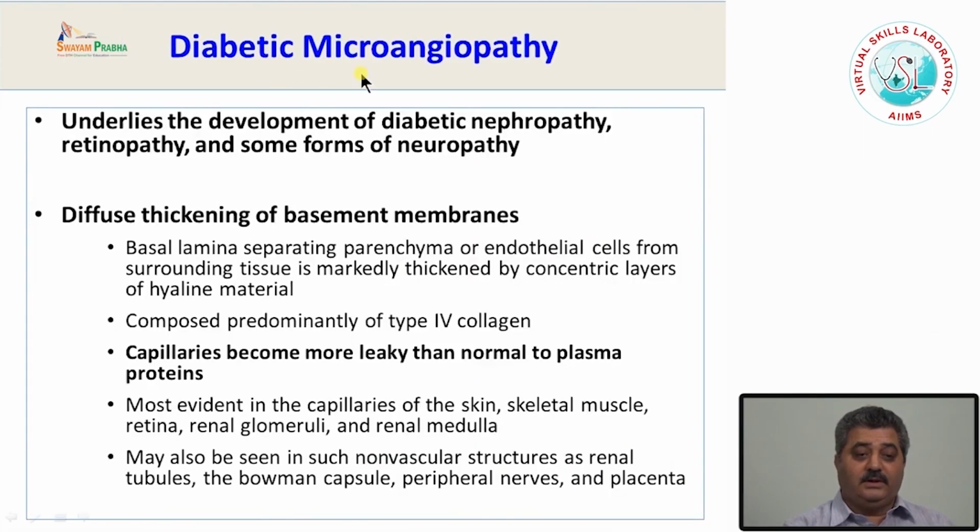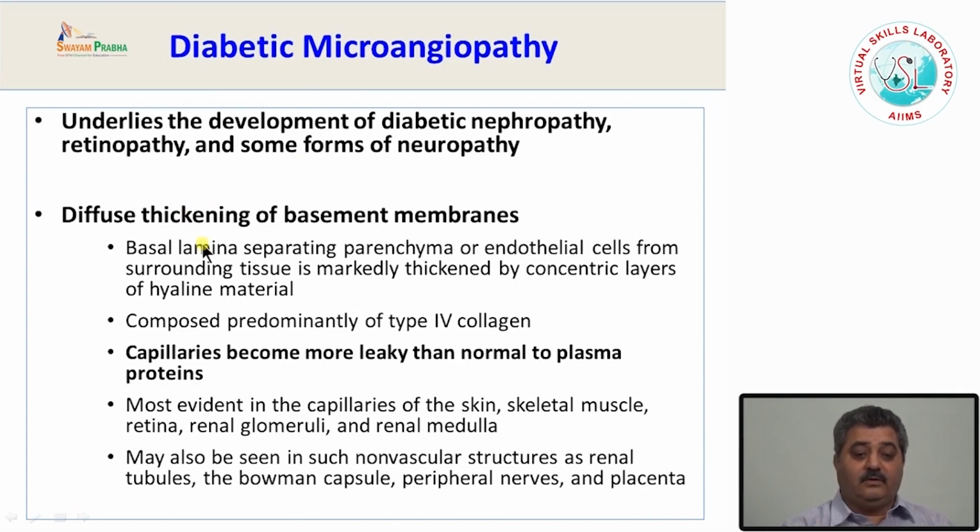The microangiopathy can involve any compartment of the kidney, but the most common is the glomerulus, then the interstitium and the tubules, blood vessels.